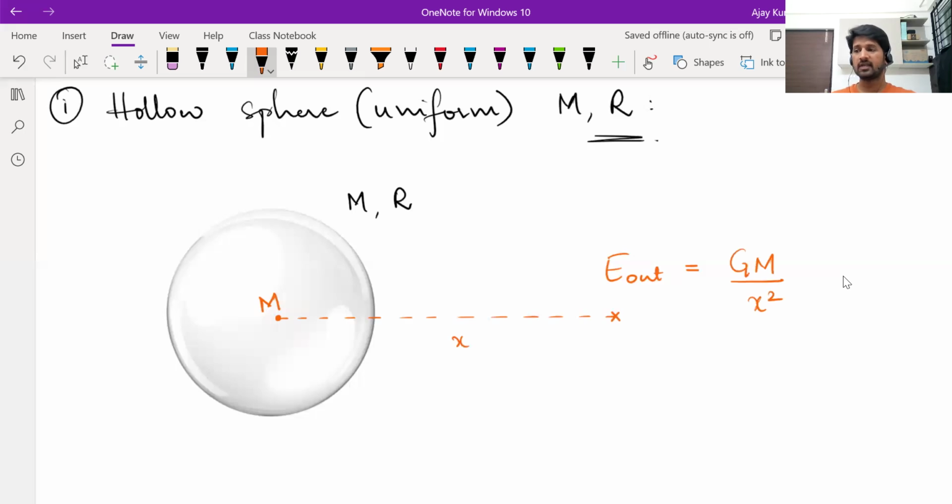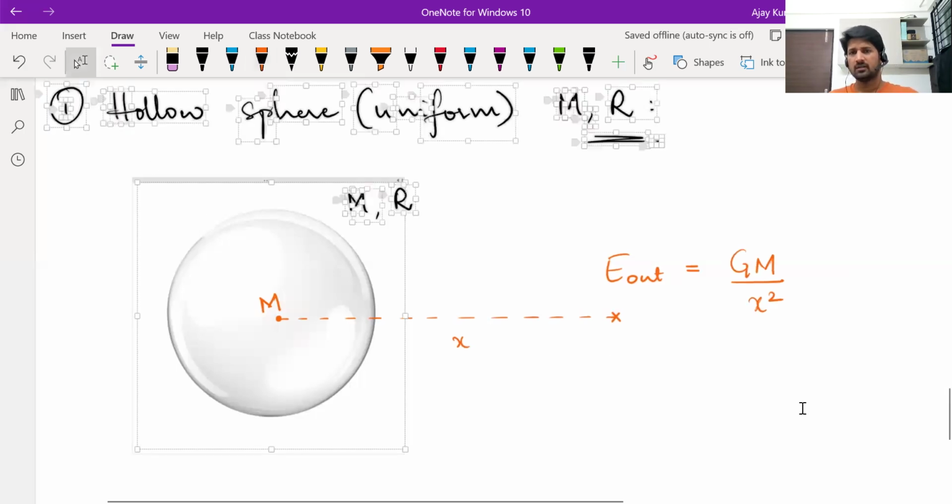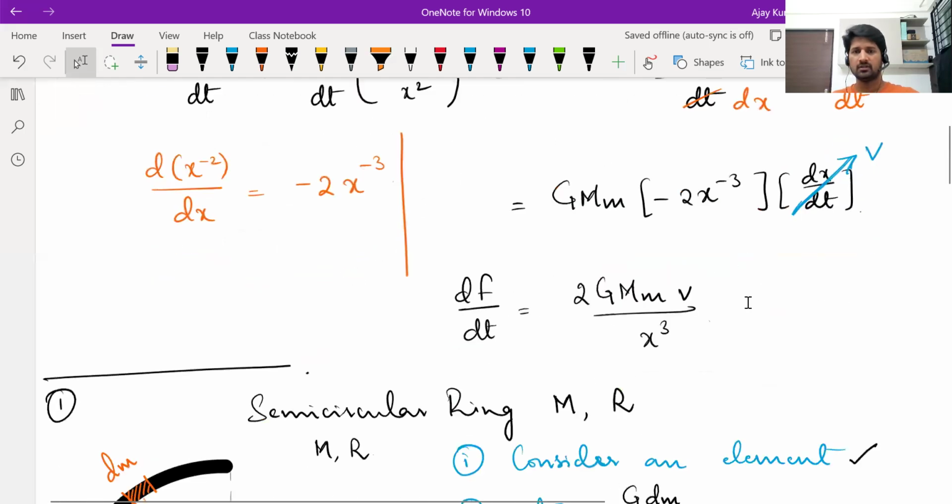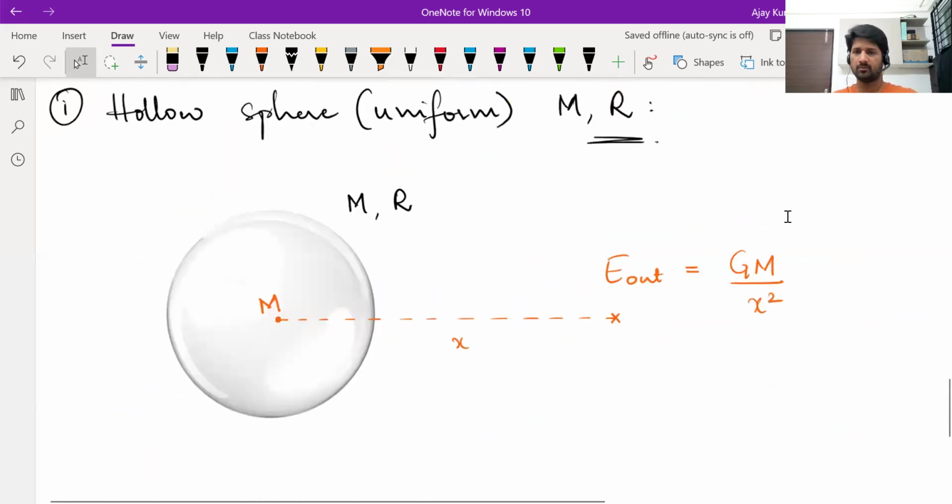So the formula for gravitational field produced by a uniform hollow sphere, anywhere outside it, on the surface or outside the surface, is GM by x squared, where M is the mass of the hollow sphere, x is the distance of the point from the center of the hollow sphere. So you just remember, if you want the field at a point outside a hollow sphere, the hollow sphere can be treated as a point mass. That's all.